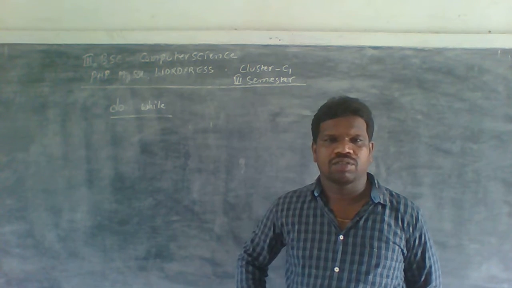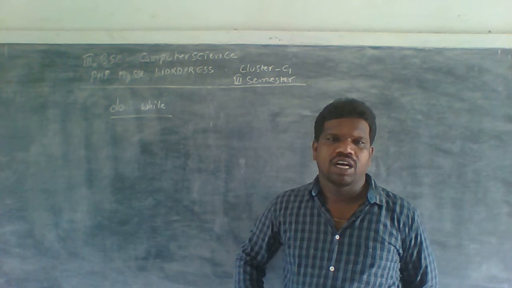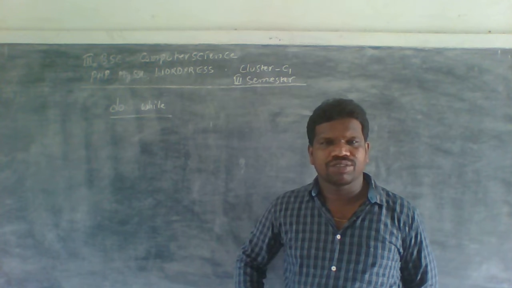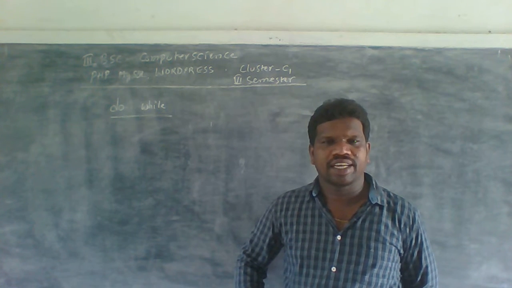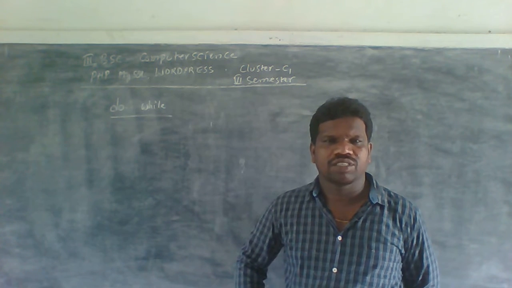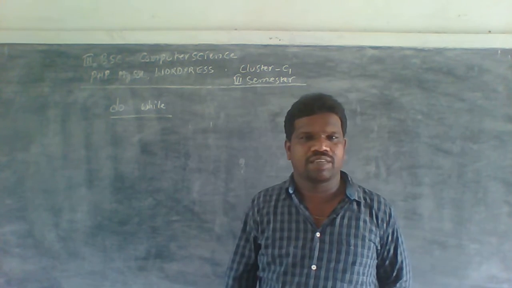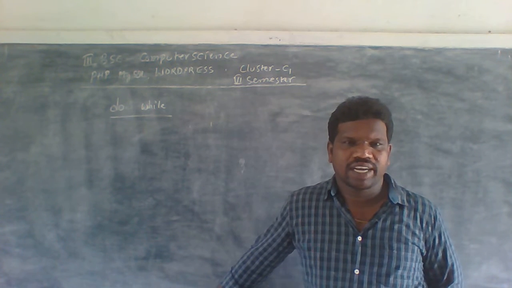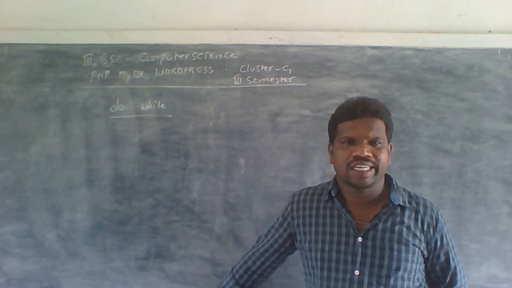If the condition is true, the code is executed again and again, continuously, until the condition becomes false. Whenever the condition becomes false, the loop will be terminated.